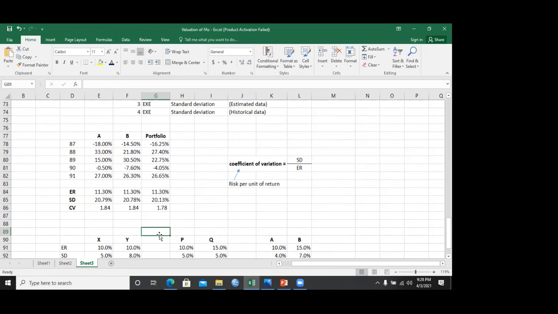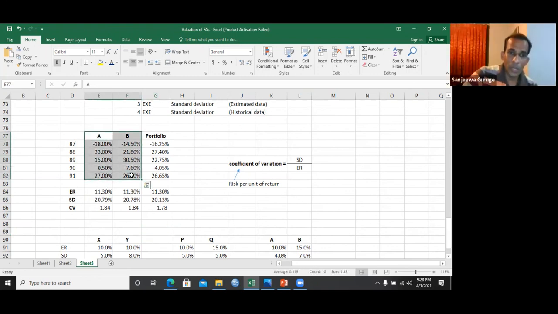Here, the return pattern is very similar. When the return is negative here, it is also negative; when it is very high in this asset, it is also high. These are not very good assets to create a portfolio, because there is no real benefit if we select assets like this.